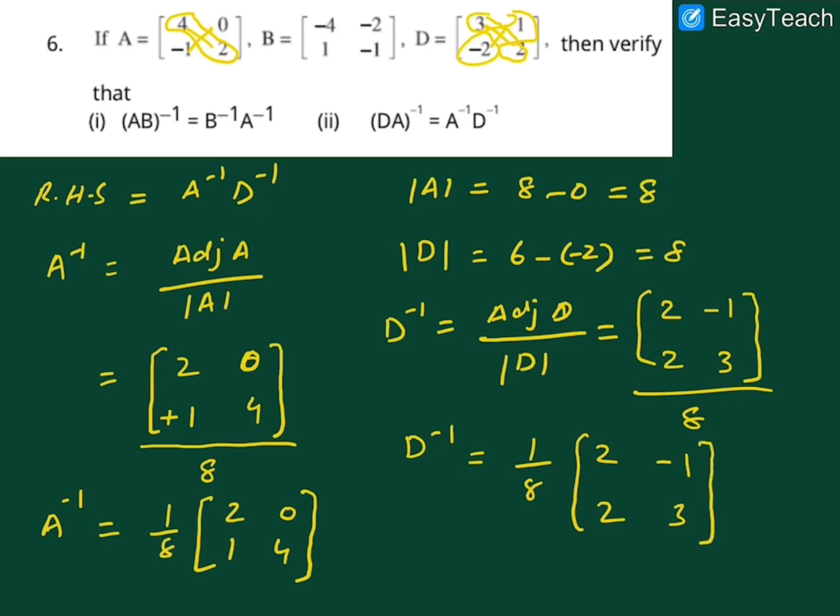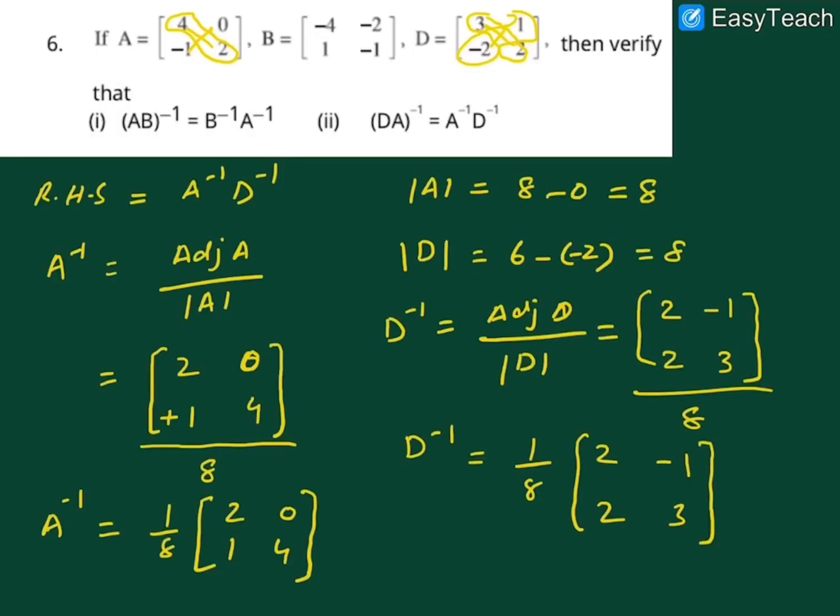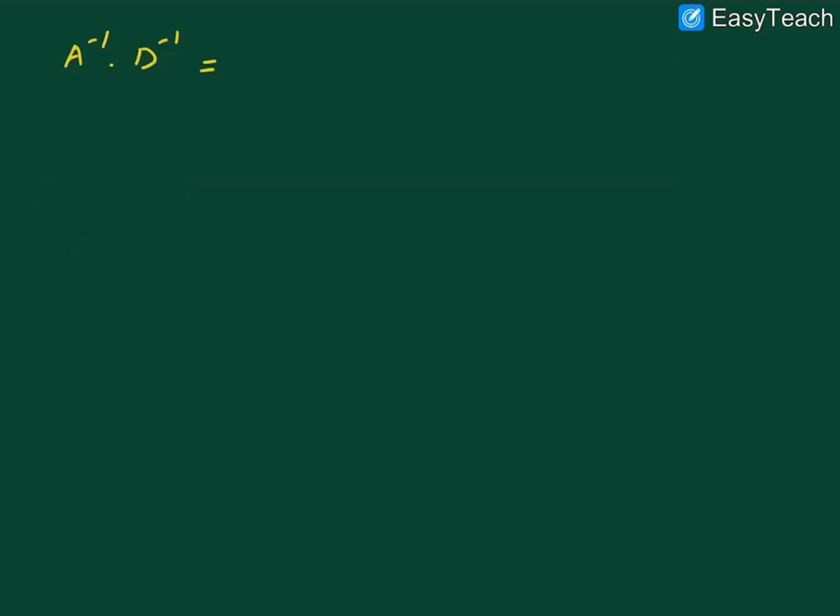Now we need to multiply A inverse with D inverse. So A inverse into D inverse. What is A inverse? A inverse is 1 over 8, 2, 0, 1, 4.